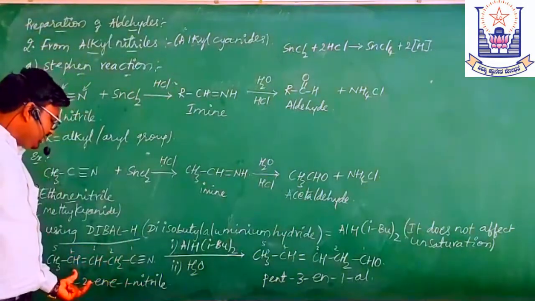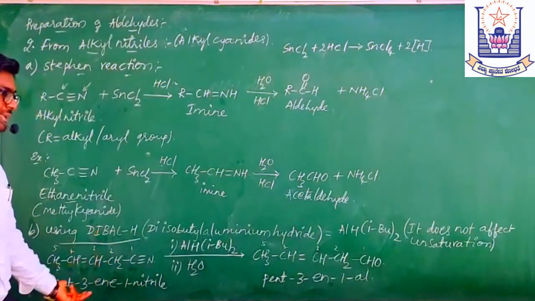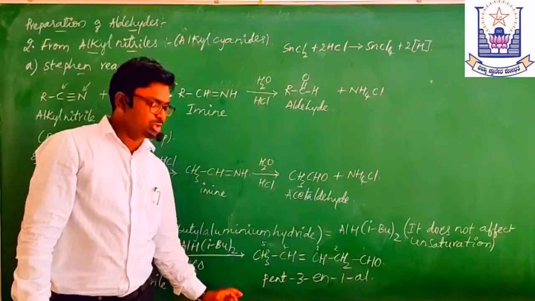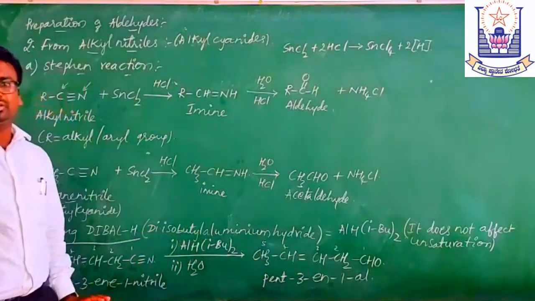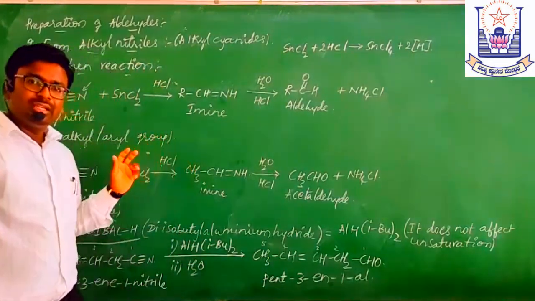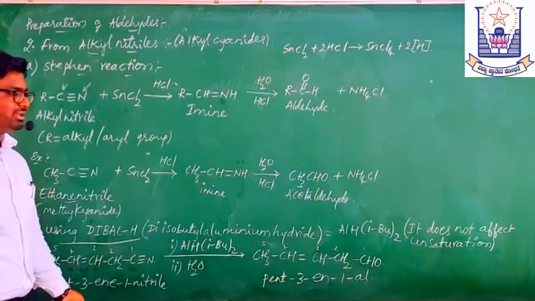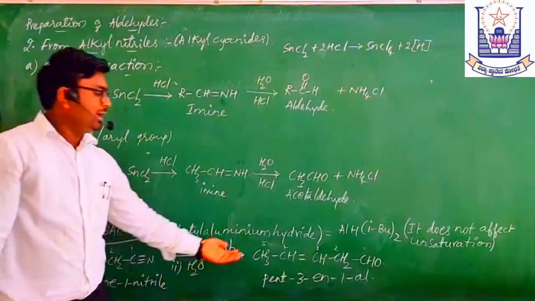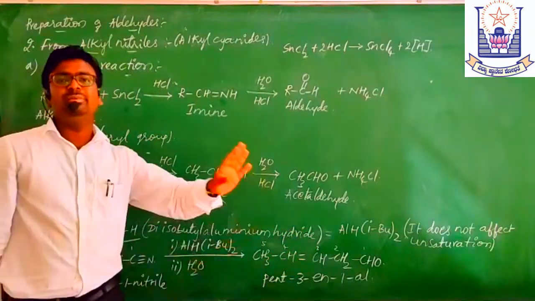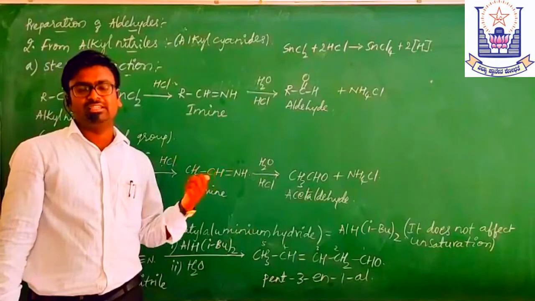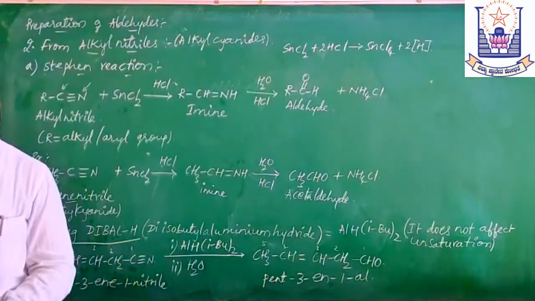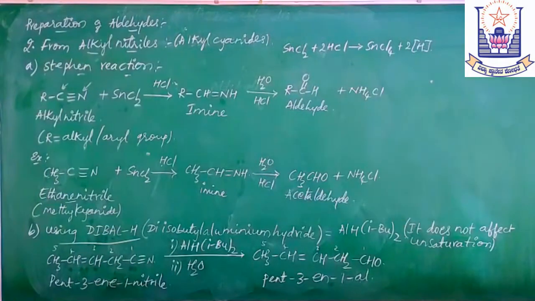Here, the unsaturated nitrile is converted into the unsaturated aldehyde using DIBAL-H, because DIBAL-H does not affect the unsaturation. If you use SnCl2 plus HCl, it will convert the alkene nitrile to the alkane aldehyde, meaning the unsaturation will be removed from this structure. This is the importance of DIBAL-H.